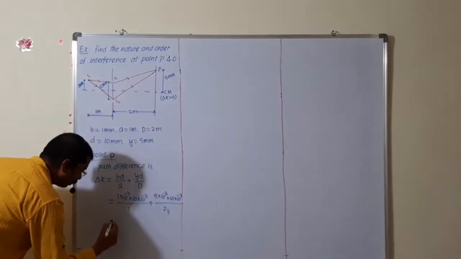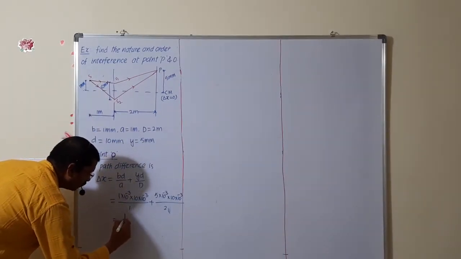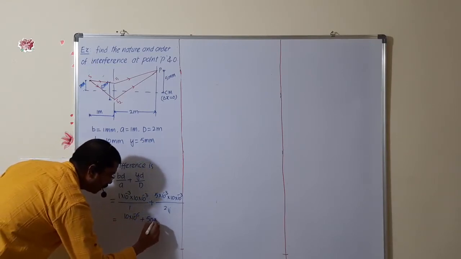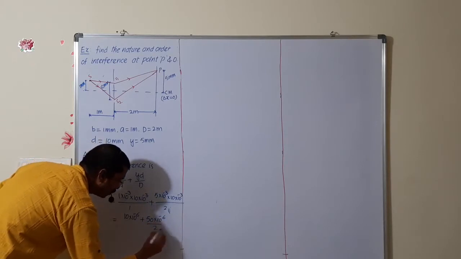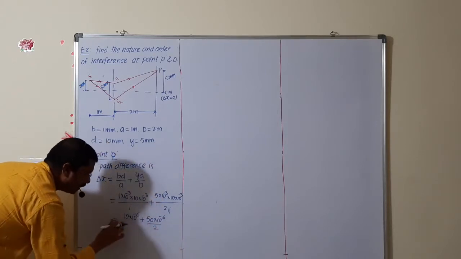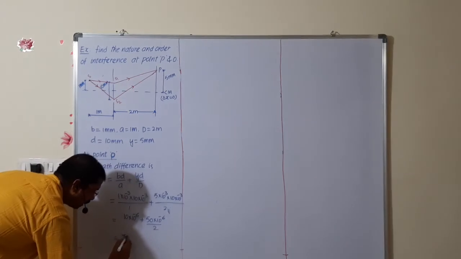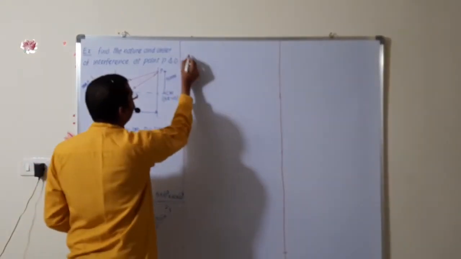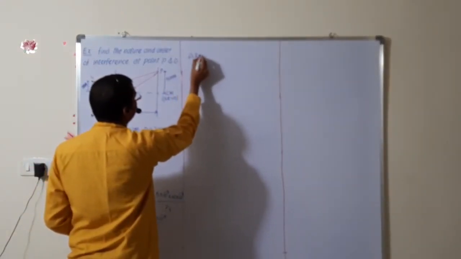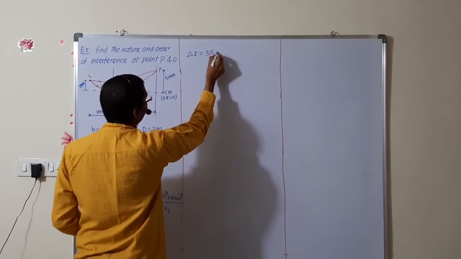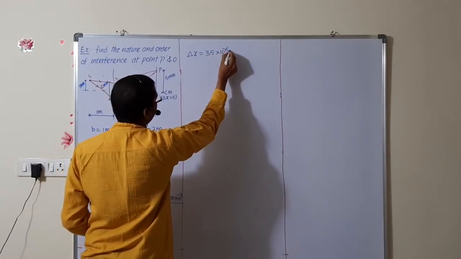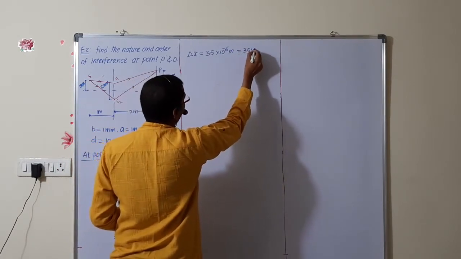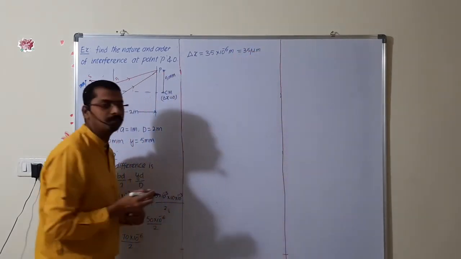Now we can write 10 into 10 to the power of minus 6 plus 50 into 10 to the power of minus 6 upon 2. This is 70 into 10 to the power of minus 6 upon 2. The path difference is 35 into 10 to the power of minus 6 meter, or we can write 35 micrometer. Path difference we got it.